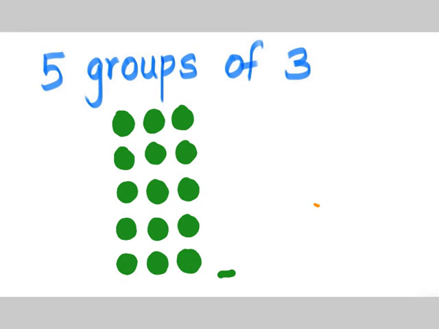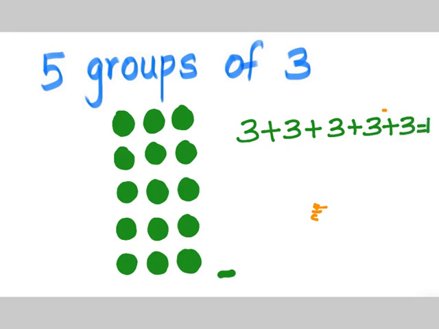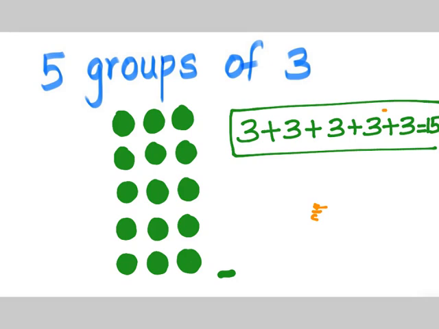Say the total as a repeated addition sentence. So the repeated addition sentence will be like so. 3 plus 3 plus 3 plus 3 plus 3 equals 15. So this is the repeated addition sentence for this array.